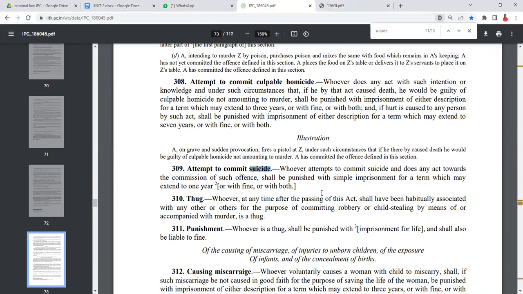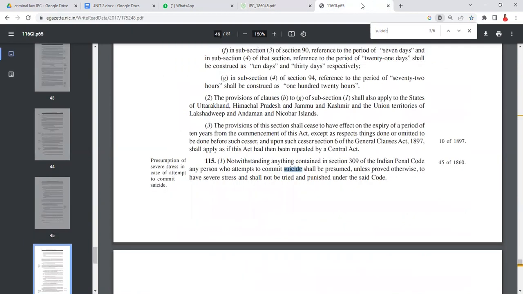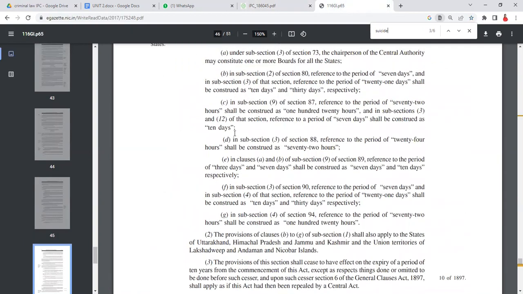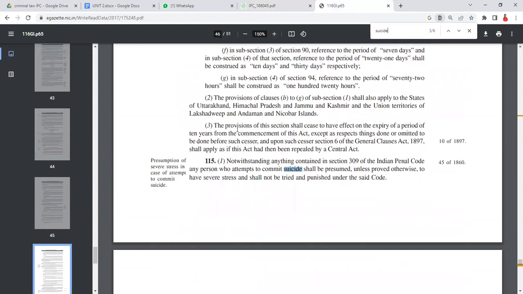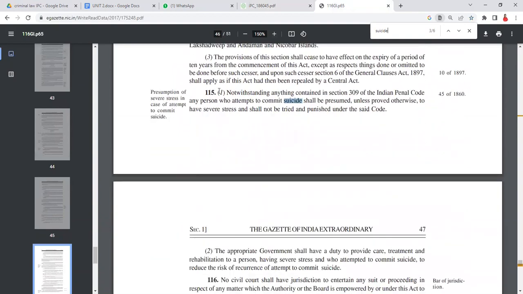Because if somebody decides to commit suicide, the person is already struggling with his own life. On top of it, if we are punishing the person, making him criminally liable, that will not solve his problem in any way. That is why we have this other legislation, the Mental Health Act. Under that, we have Section 115, which says that if somebody tries to commit suicide, the court will presume that the person was under severe stress, and that's the reason why he committed suicide.